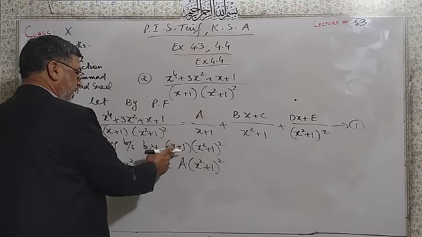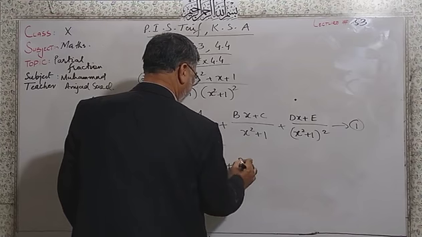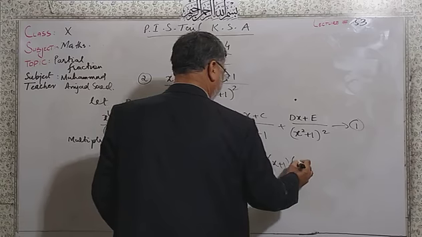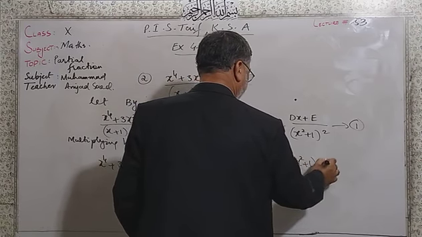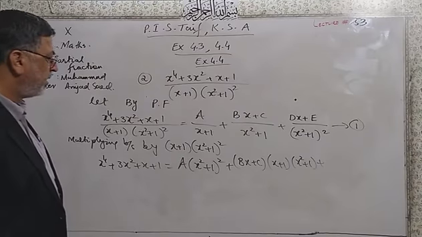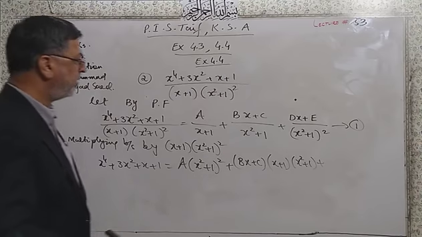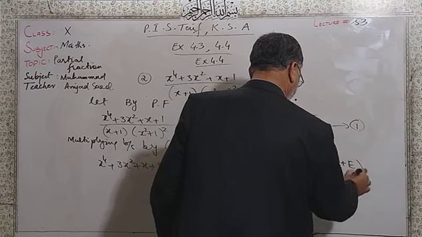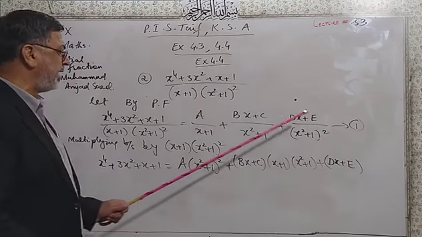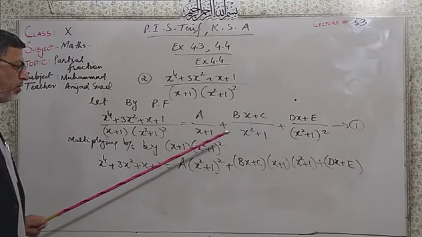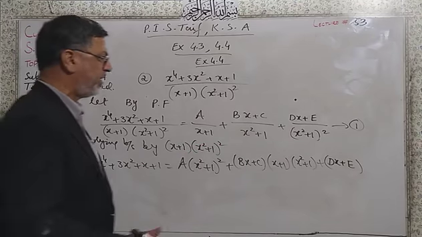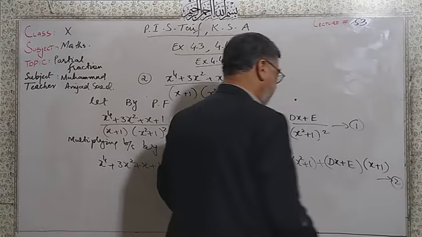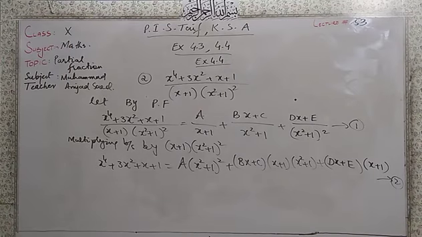X plus 1 cancelled out and we are left with Bx plus C into x plus 1 into x squared plus 1. One power cancelled out. And after that we have Dx plus E into x squared plus 1 whole squared, and x squared plus 1 whole squared cancelled out. We are left with x plus 1 now. Here is x plus 1. This is equation number 2.